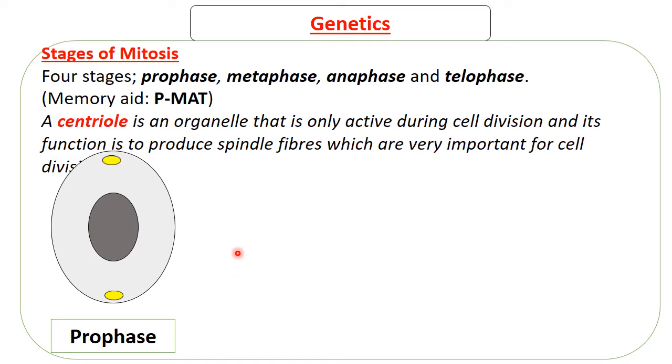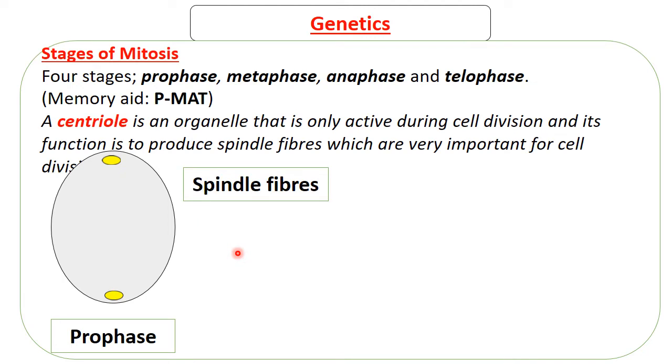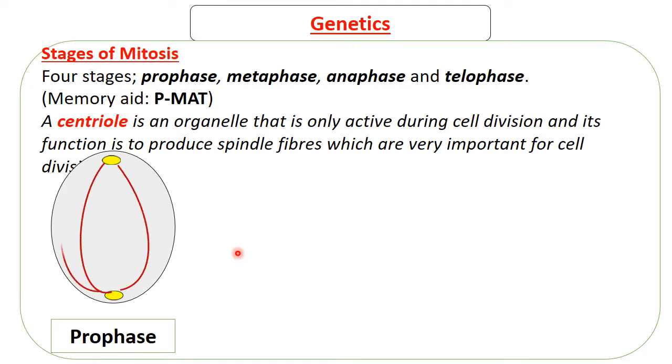Once they do that, the next thing that's going to happen is the nuclear membrane and nucleus are going to disappear. When they disappear, spindle fibers are going to be formed. The spindle fibers are going to emerge like this from the centriole.